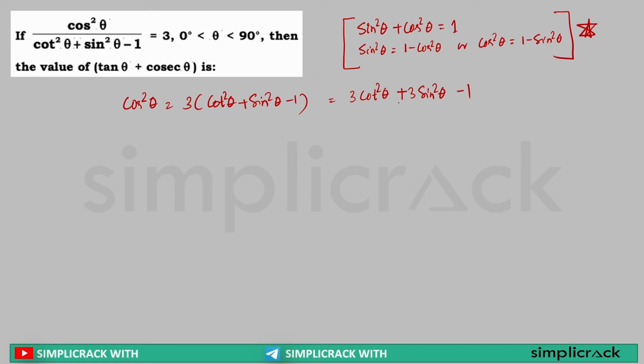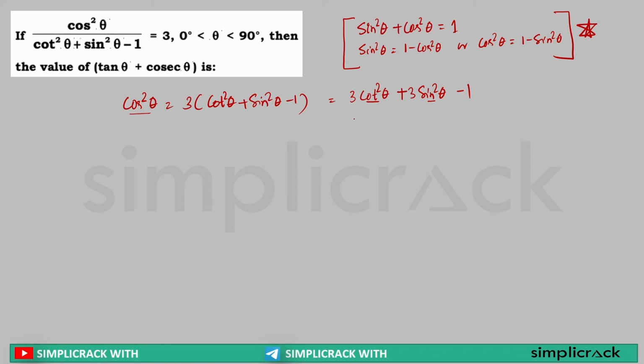Now I will be using this here. Why? I need to make sure that all variables, cot square, cos square, sin square, are in one form. Otherwise, I won't be able to solve this question. Yes or no? Yes.